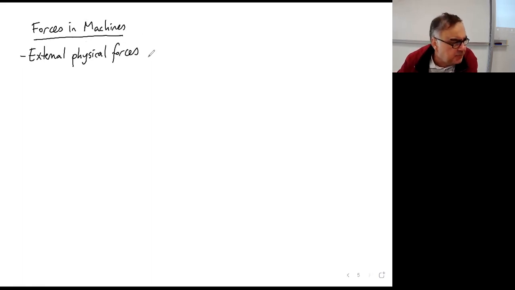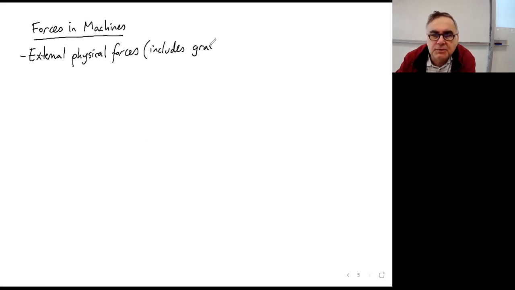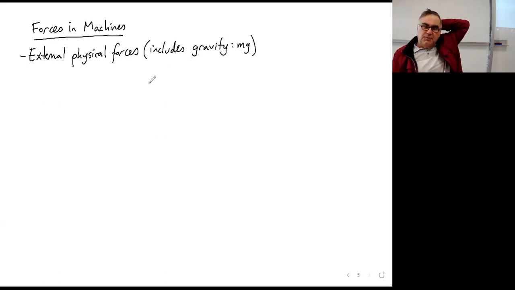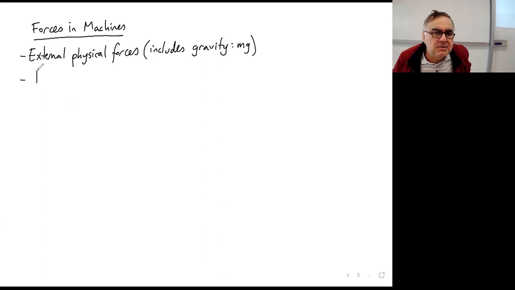There are the external physical forces. This, I suppose, includes gravity, right? Gravity force, which is, as you know, the mg force. And there might be some external forces acting on the machine. Then there are the joint forces on each member.